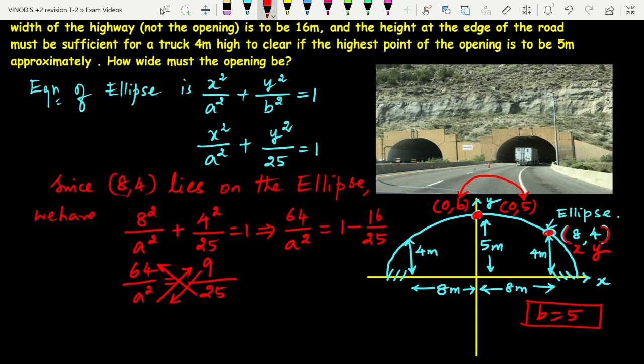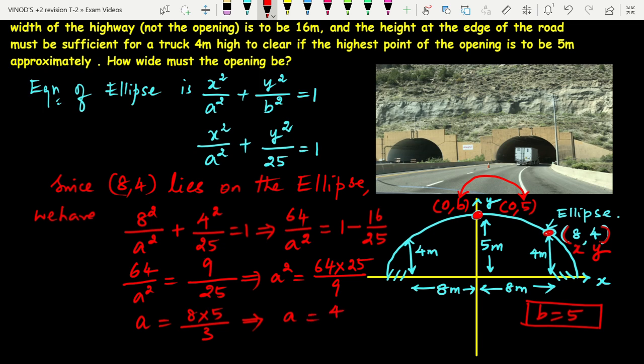Now cross multiplying a square to the right side and 25 to the left side and bring 9 to the left side, we get a square is equal to 64 into 25 by 9. If you take square root on both sides, a is equal to 8 into 5 by 3. Distance cannot be negative, so we are taking positive square root. So a is equal to 40 by 3.